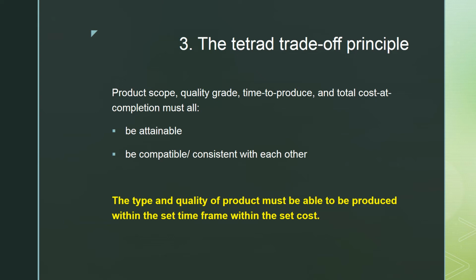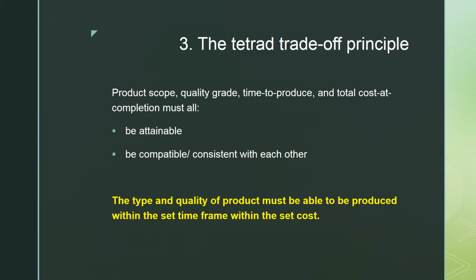There's no point of having a product scope which you cannot cope with, right? The extent of the product, what the product entails. If it's undoable within the time frame, within the budget, and with these skill levels within your teams or the experience levels, then there's no point in doing it.